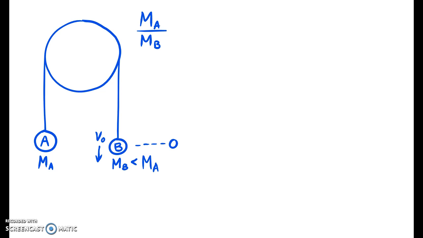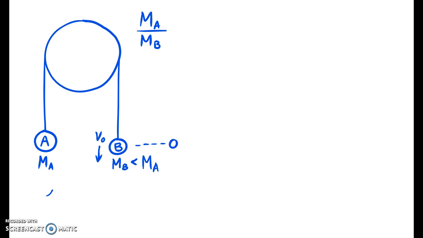And once it reaches that point, it turns around and starts moving upward instead. And once it starts moving upwards, eventually it passes point O, the original point, again, and then it keeps going upwards. So we're asked to find the minimum ratio that ma over mb has to be in order for this to happen.